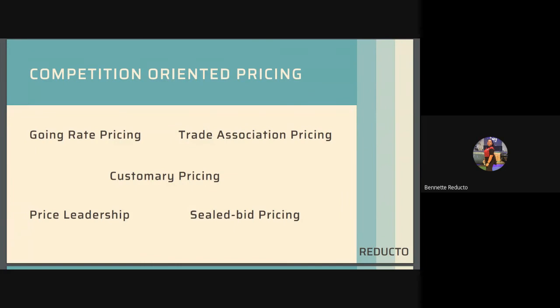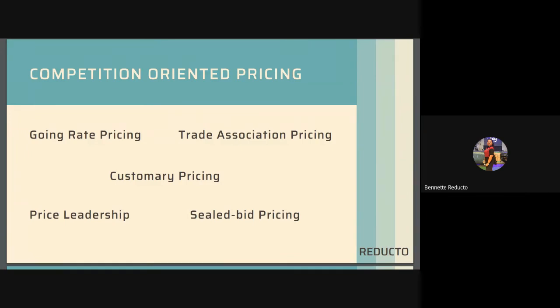The next one is trade association pricing. The firms frequently come to implied or express agreements to maintain the prices at a similar level. So there are certain associations or groups that will come to an agreement on the pricing of their products.